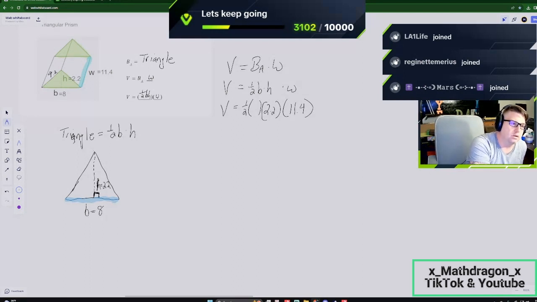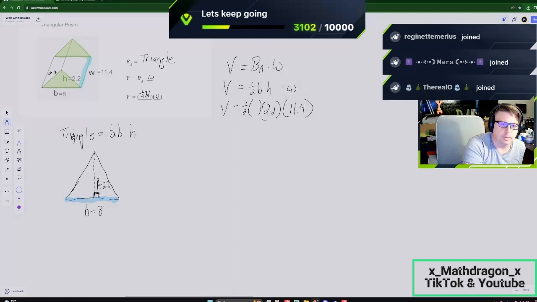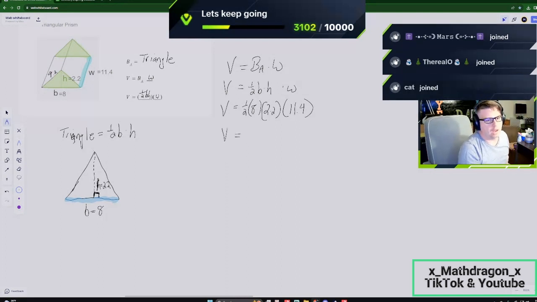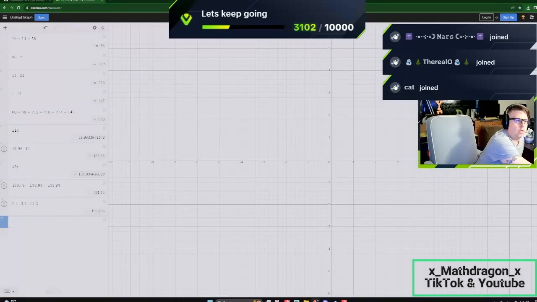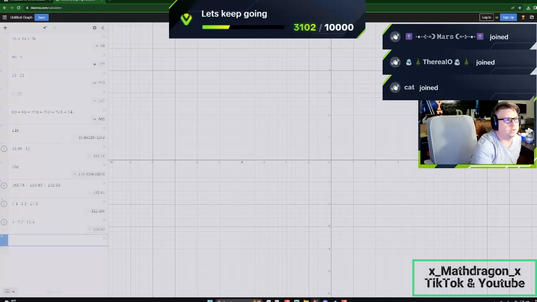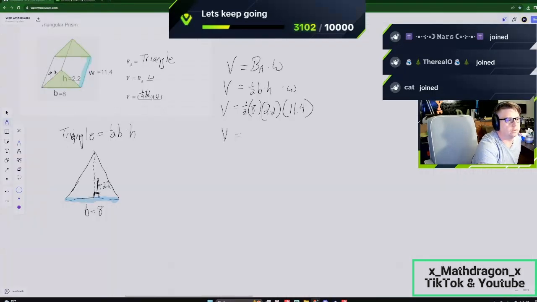What you need to understand is you only need the base and the height for the triangle, okay? So this becomes an 8, and then we multiply it all together. So half of 8 is 4, 4 times 2.2 times 11.4. We do that, we get 100.32 as our final solution.